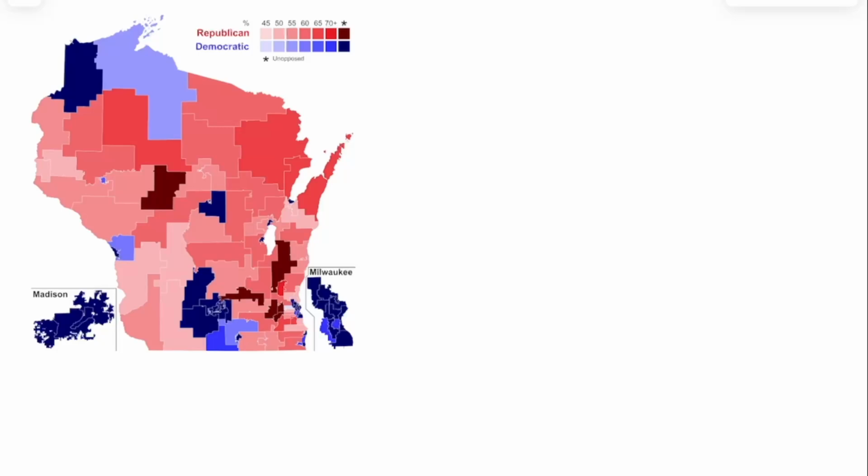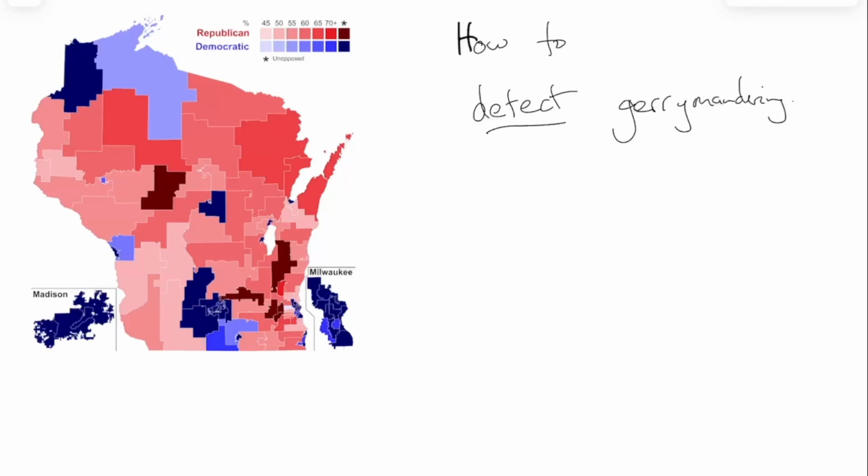What I would like to discuss for the next little bit is how to detect gerrymandering. How to detect if somebody has drawn the lines in an unfair way, all right?